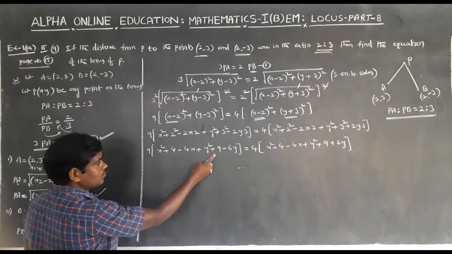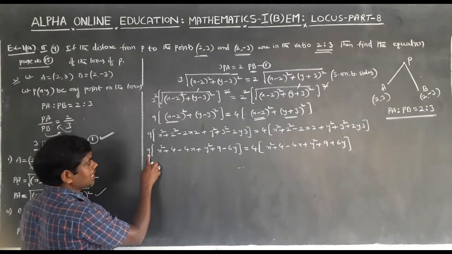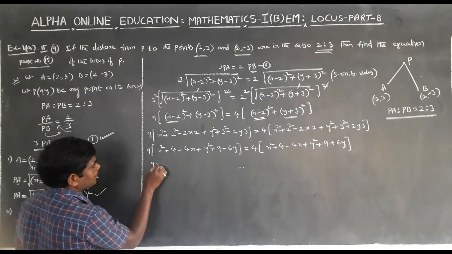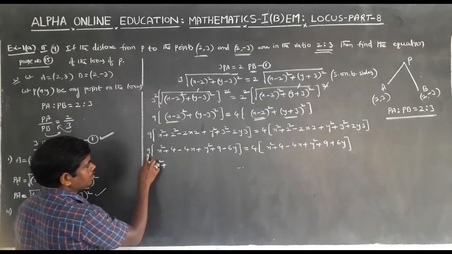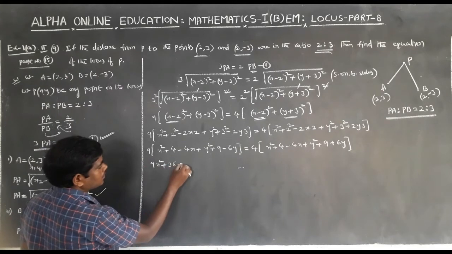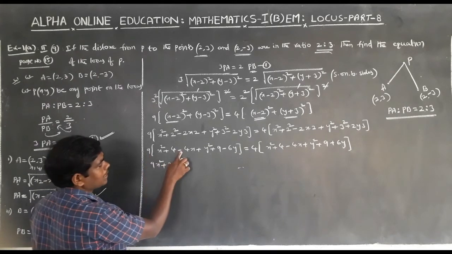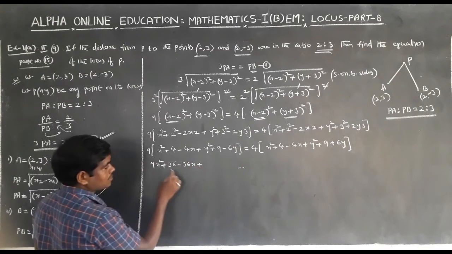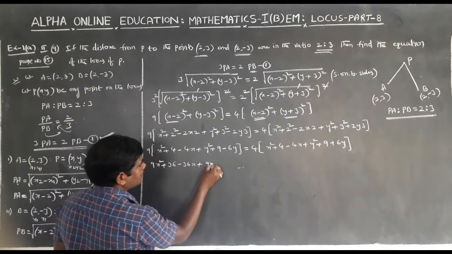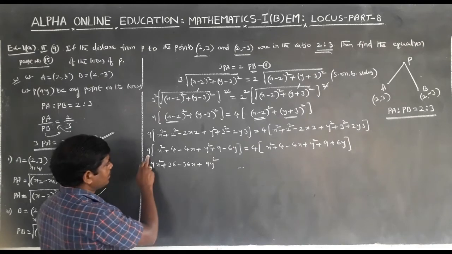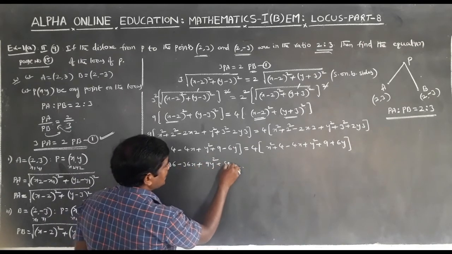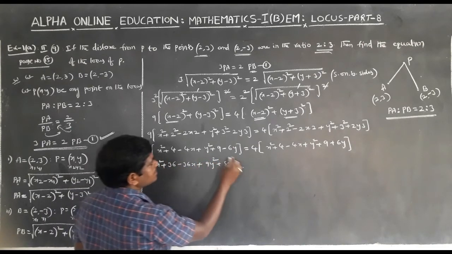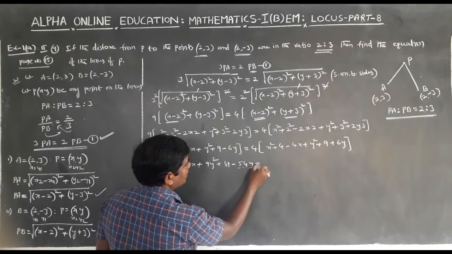This total value multiply with 9: 9 into x² is 9x², plus 9 fours are 36, minus 9 fours are 36x, plus 9 into y² is 9y², plus 9 nines are 81, minus 9 sixes are 54y.